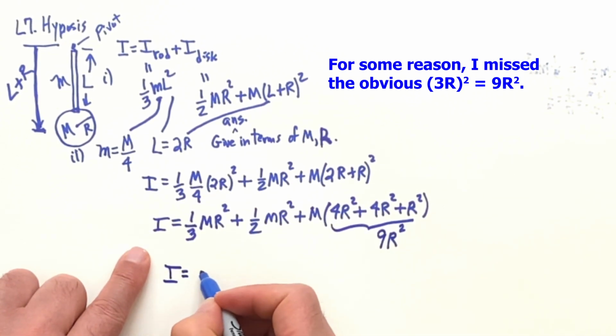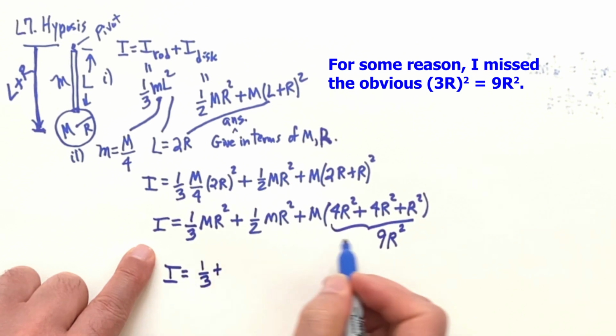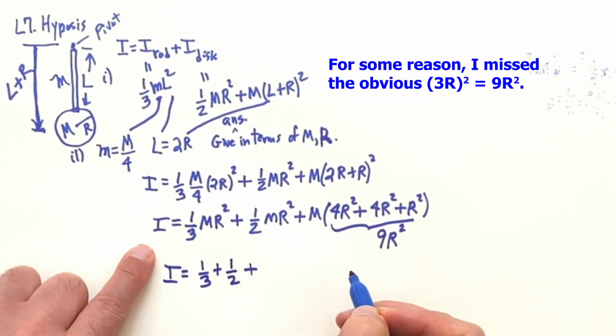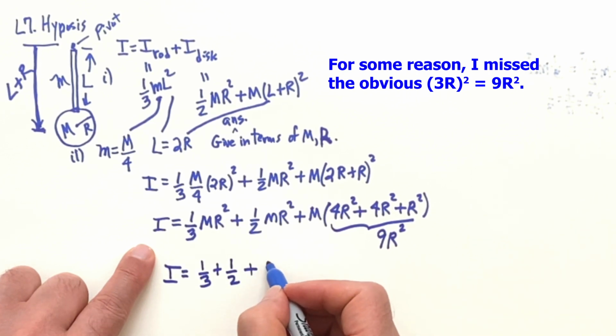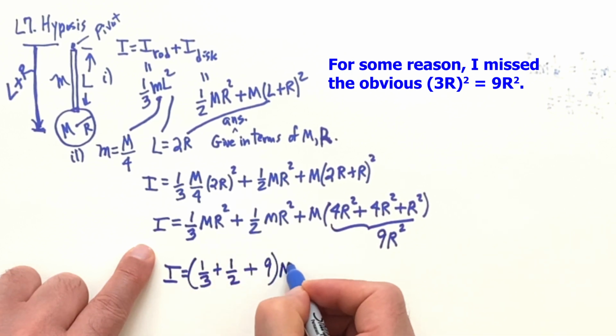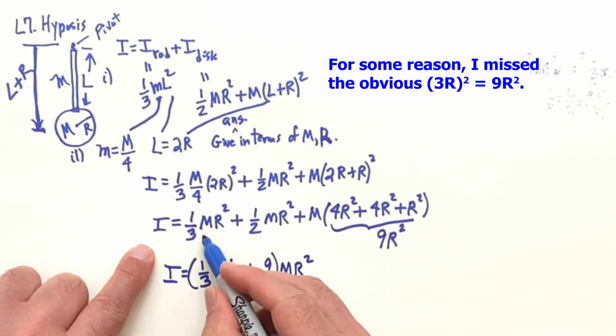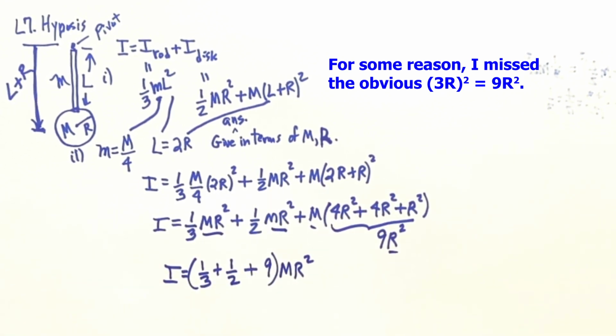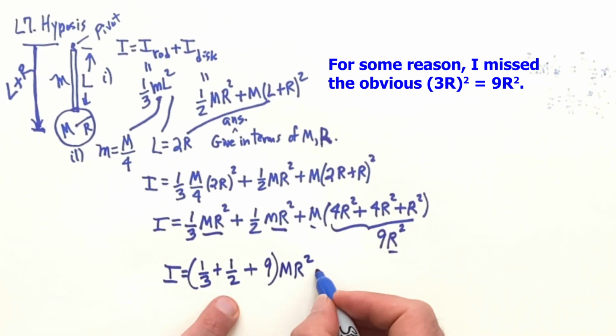So I is equal to 1/3 MR squared plus 1/2 MR squared plus 9 MR squared. MR squared is everywhere. So what's all this?